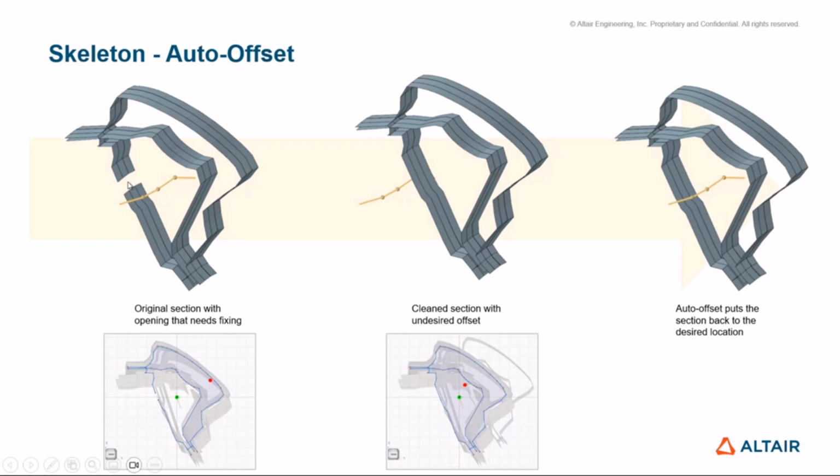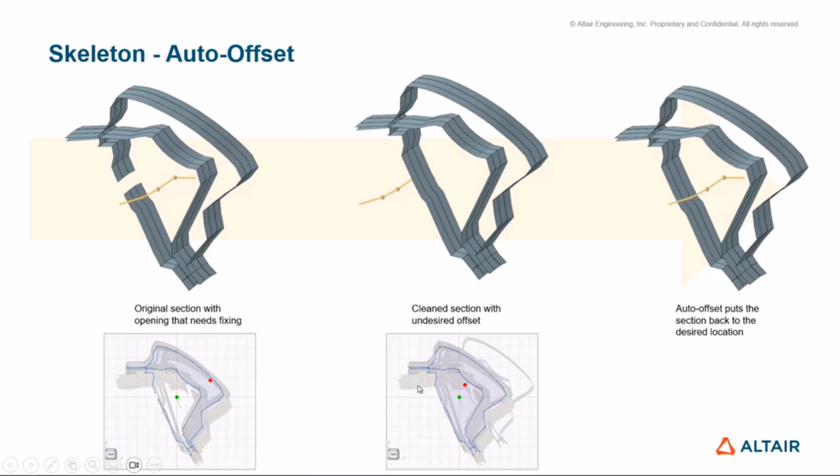In this case, I'm not happy with this gap here. I would like to close it, so I can open Section Manager and close it. This will cause a recomputation of the properties, especially for the shear center. As we are closing something, the gap between the two positions could be significant.